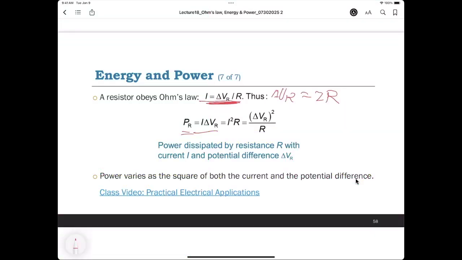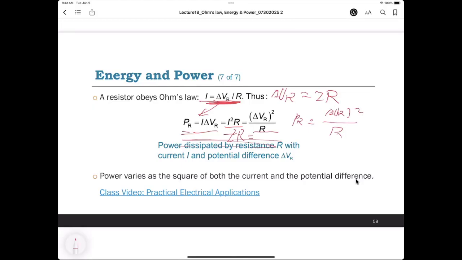So this will equal I squared R. Also, because I equals this one, P_R also equals, you just put this here, V_R squared divided by R. Does that make sense to you?